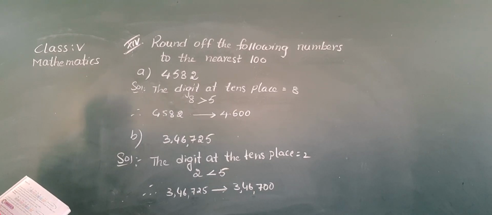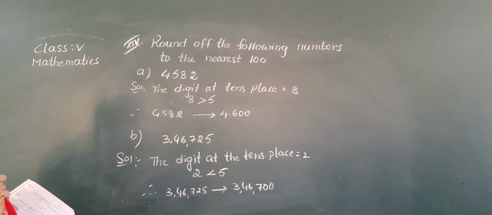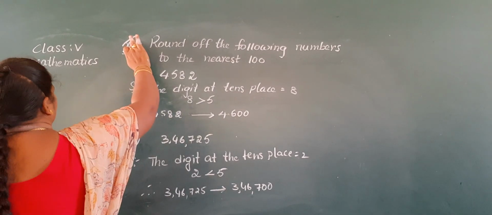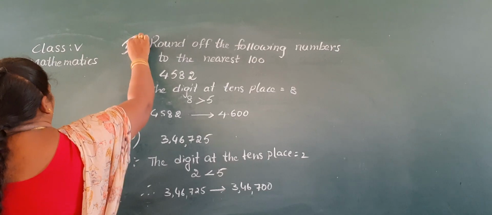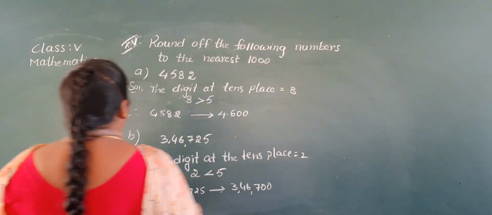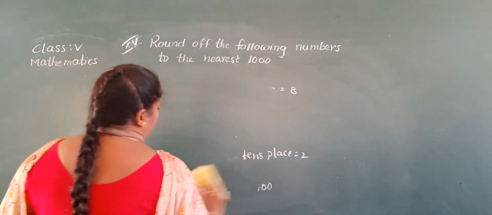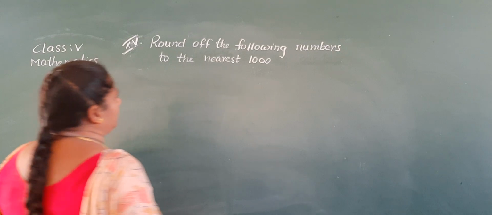Next. Round off the following numbers to the nearest 1,000. Next Roman. Round off the following numbers to the nearest 1,000. So note down this heading.